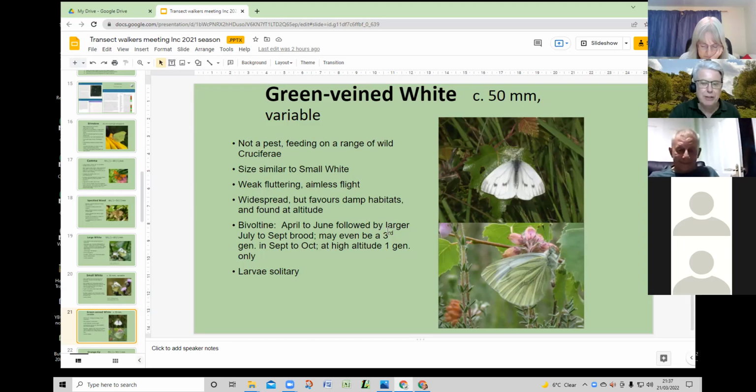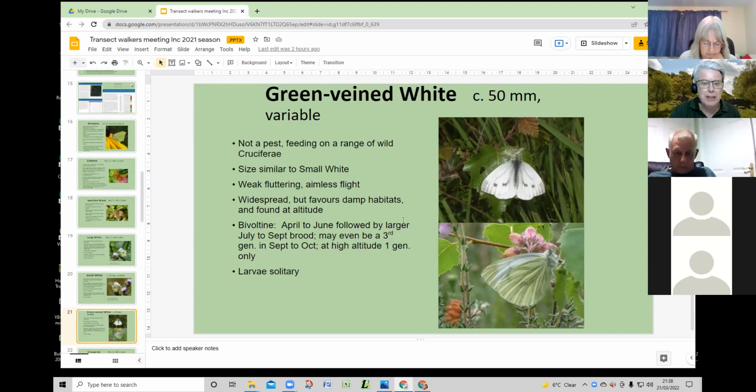It will take other crucifers, so it has quite a wide range, while the cabbage whites, well, obviously there are the cabbages in your garden, but out in the wider countryside, if they don't get poisoned by pesticide, they're living on the oilseed rape. Their food plants are restricted to brassicas, although this year I found small white living on hairy bittercress, a small agricultural weed, so it can survive on other species.